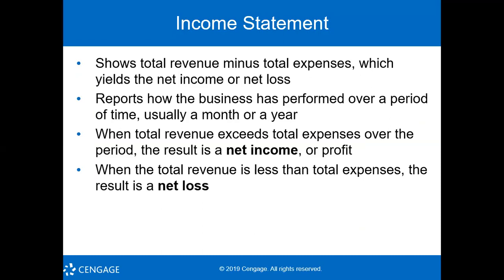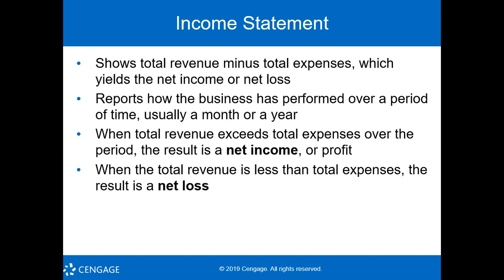So all of the information that we need to prepare our financial statements is there. Our main financial statements are the income statement, the statement of owner's equity, the balance sheet, and the statement of cash flows. Those are our 4 main financial statements. And we'll get practice with the first 3: the income statement, the statement of owner's equity, and the balance sheet.